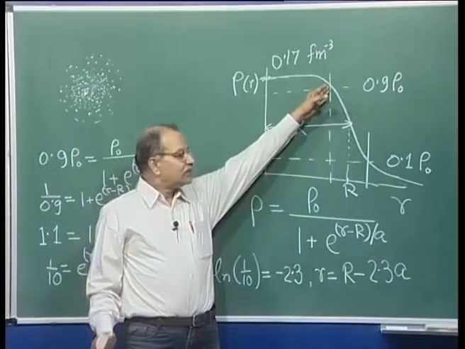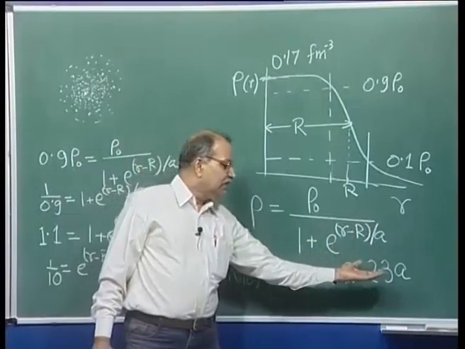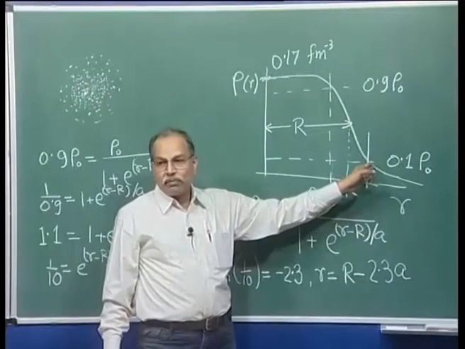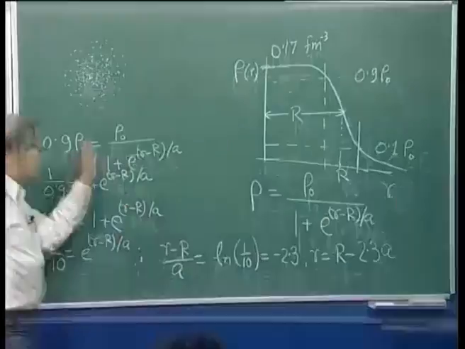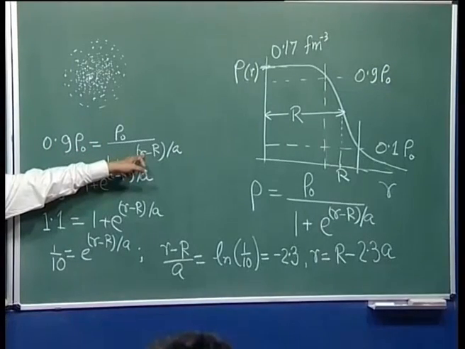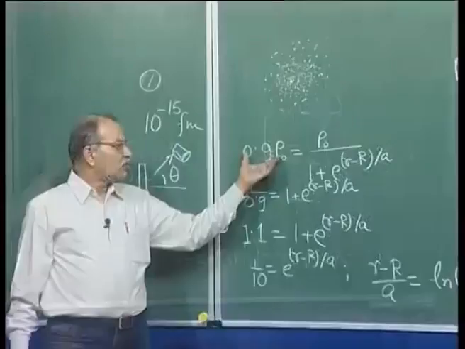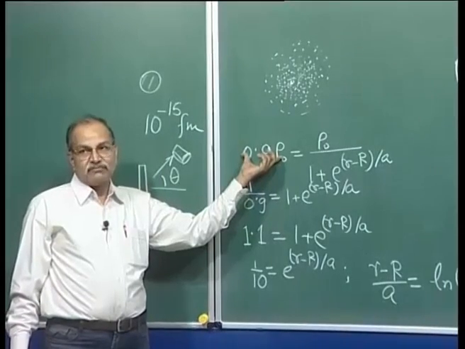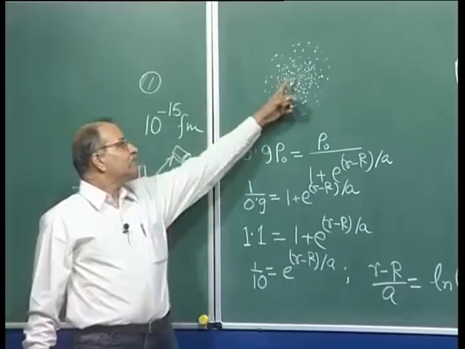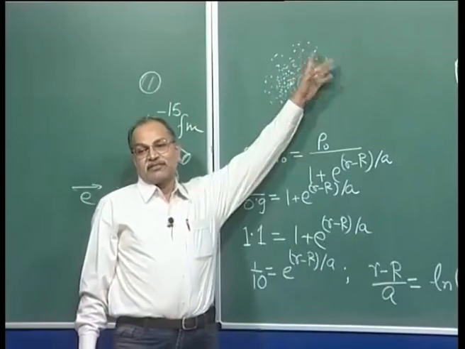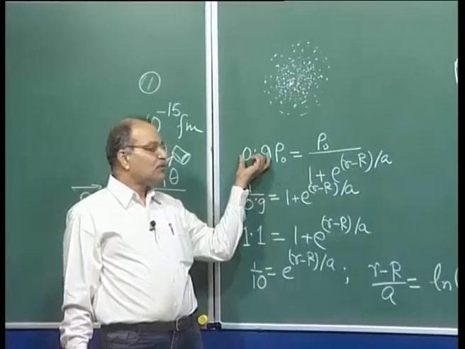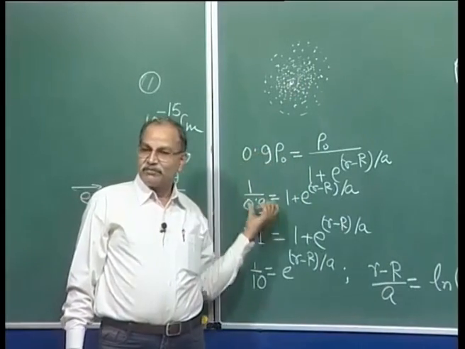So, you can get the meaning of A from here. Similarly, where does it go to 0.1? Now you can do this calculation: at what value of small r does rho become 0.1 times rho naught, the distance where the density falls to 10% of the core value?